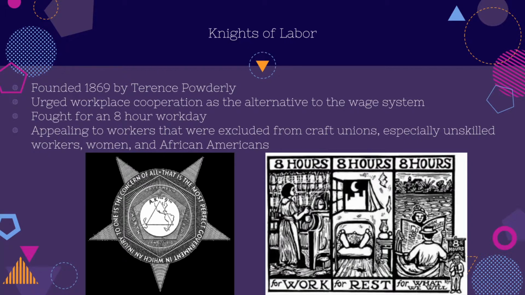So the Knights of Labor was one of the first, one could call it a union. It was very large, so not particularly specific. But the Knights of Labor was founded by Terence Powderly. Ultimately, it was seen as a way to organize workers in order to compete for better working conditions.